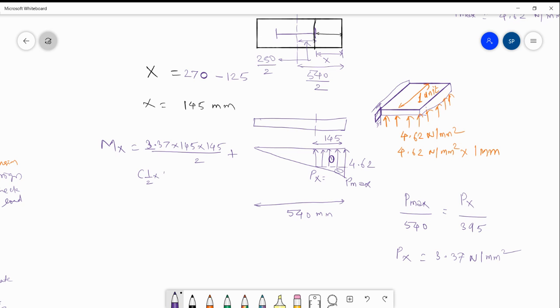Half base is 145 into height, that is intensity 1.25, multiplied by centroidal distance. As centroidal will be here somewhere, this distance will be 2/3 of 145. So we will multiply it with total load. So bending moment at critical section, after simplifying, comes out to be 44.18 Newton meter.